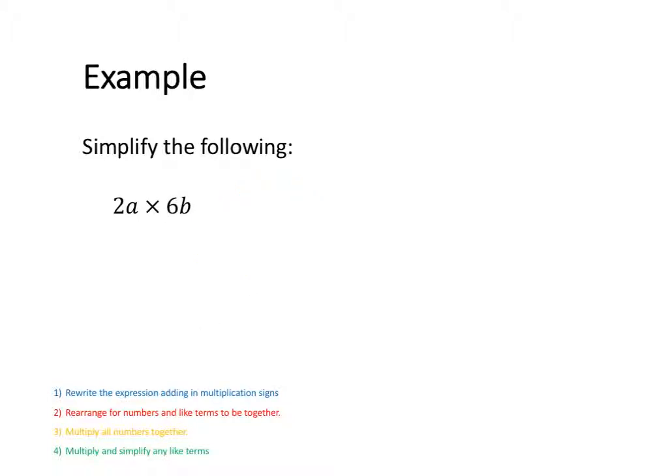So in my next example, I want to simplify 2a times 6b. So my first step is to rewrite the expression, adding in any missing multiplication signs. So that's going to equal 2 times a times 6 times b. So the next step is to rearrange for numbers and like terms to be together.